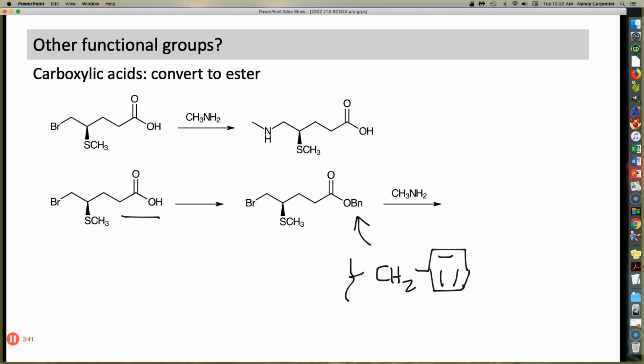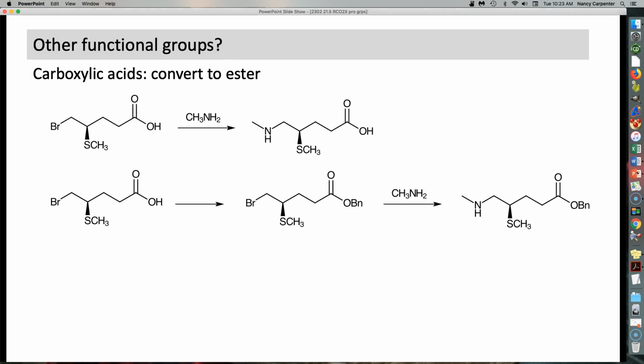How do I do that? Well, the best way to do it is activate it, and again, the way you know how to activate it is by adding thionyl chloride, and then add benzyl alcohol. So that should work lickety-split to give you the benzyl ester, and then I can carry out my substitution reaction no problem, get my desired product.